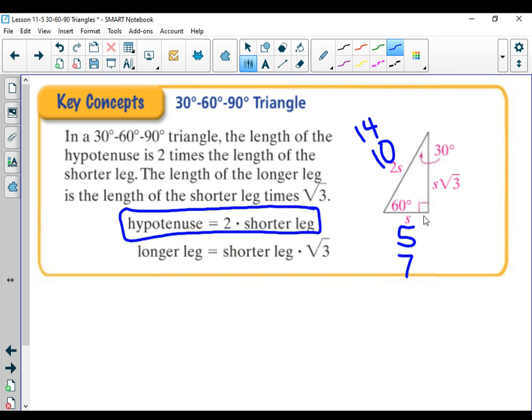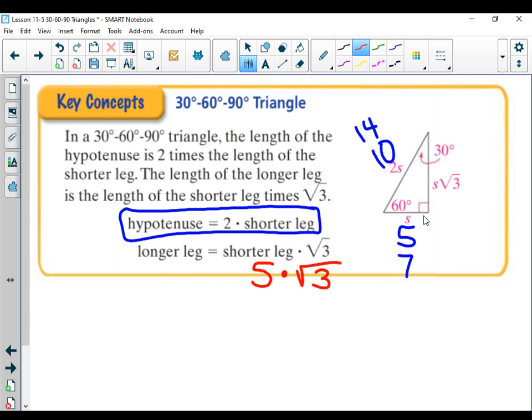He also noticed if you knew the shorter leg, you could take that times the square root of 3 to get the longer leg. So it's something you'd literally have to type in. If the shorter leg is 5 times the square root of 3.